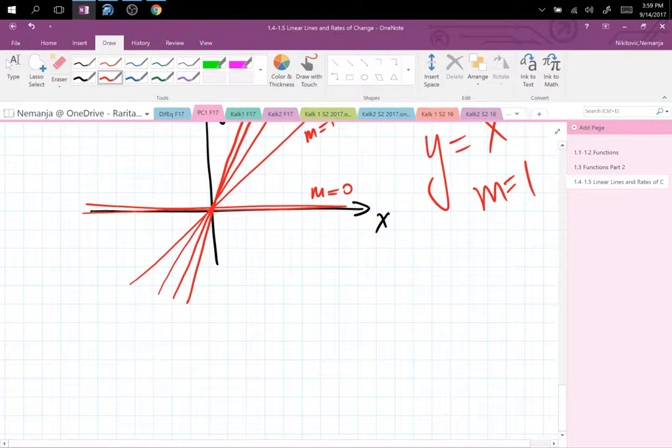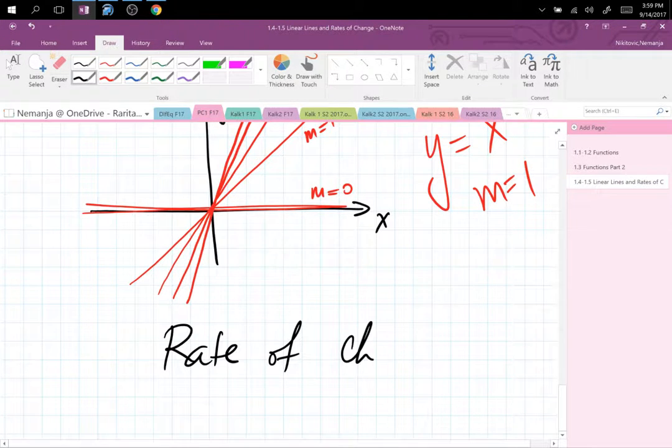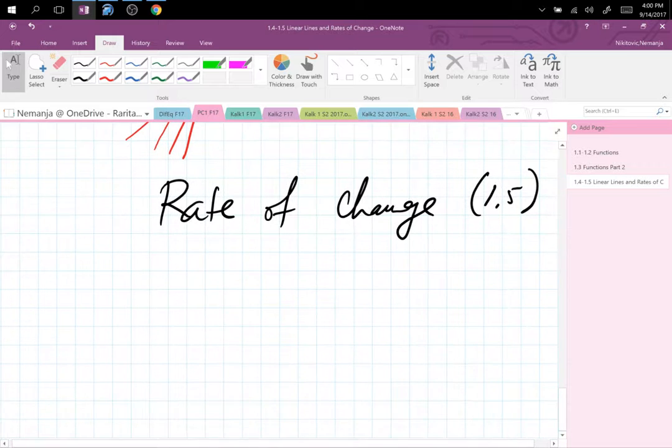And the actual part of pre-calculus and learning is to put this slope, which measures the change, in a different framework. We are going to talk about rate of change, which is section 1.5 from the syllabus assigned in this course.